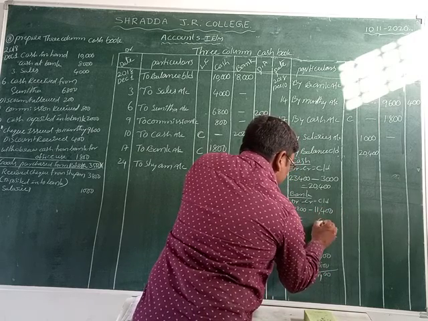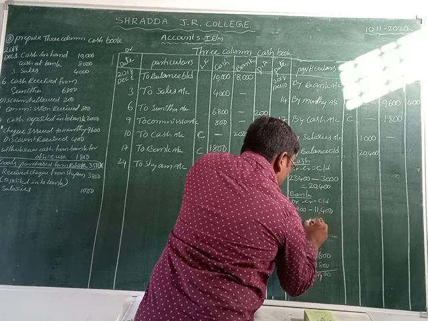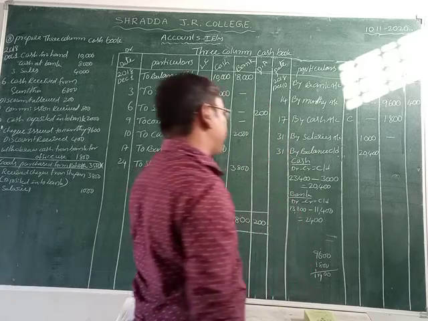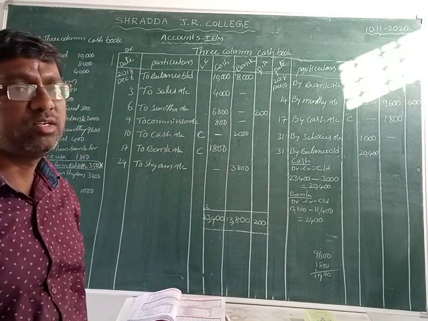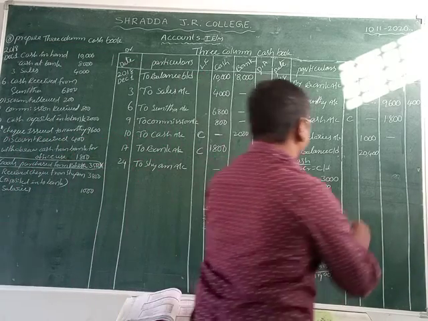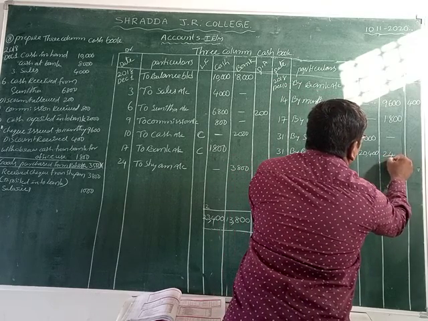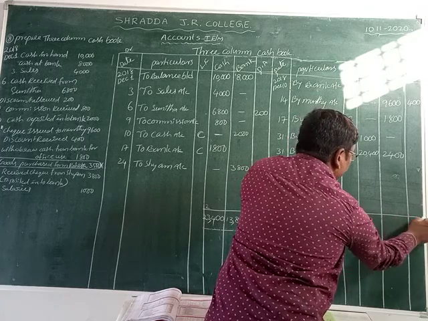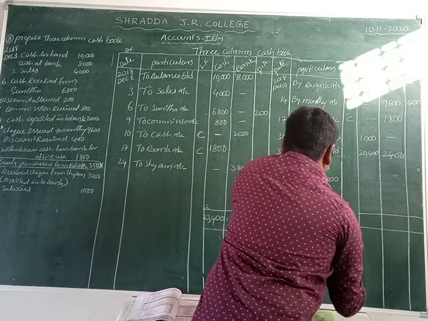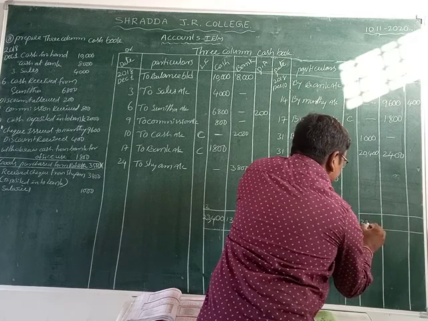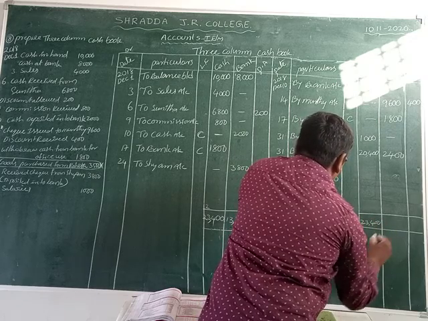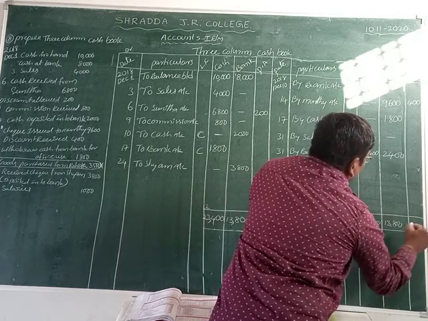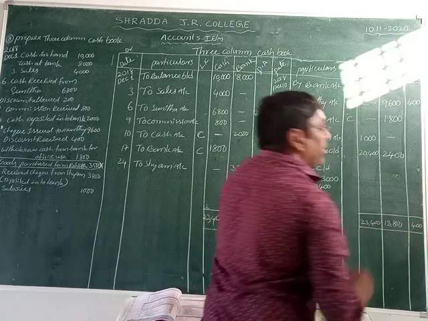So 13,800 minus 11,400, the bank balance carried down, is 2,400. Let us write down 2,400. So what is the total amount? Cash amount is 23,400, bank amount is 13,800 and discount received is 400 rupees. These are the credit totals.